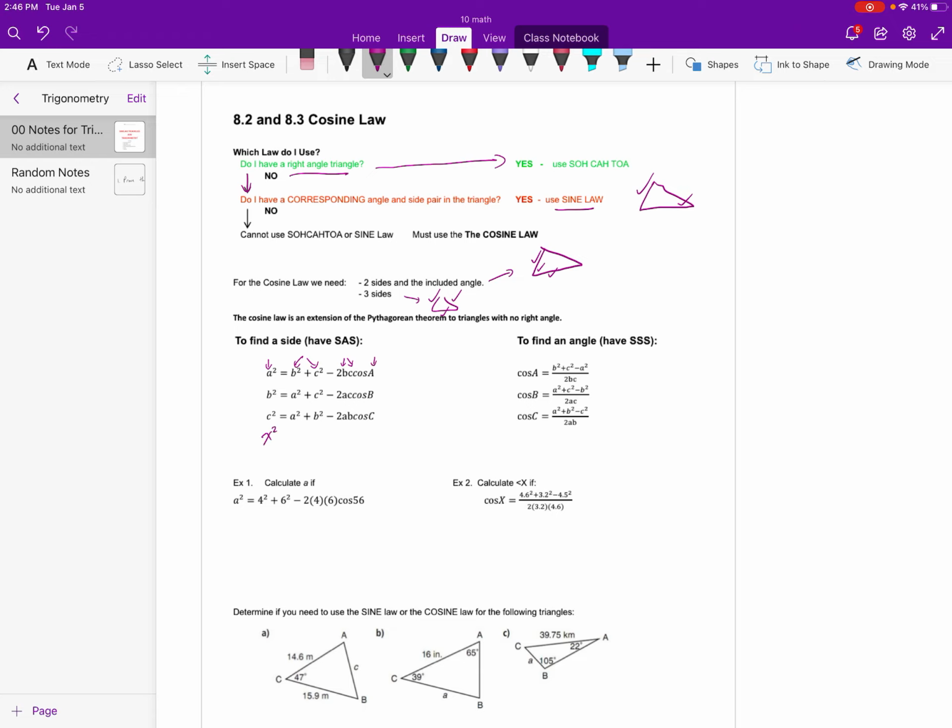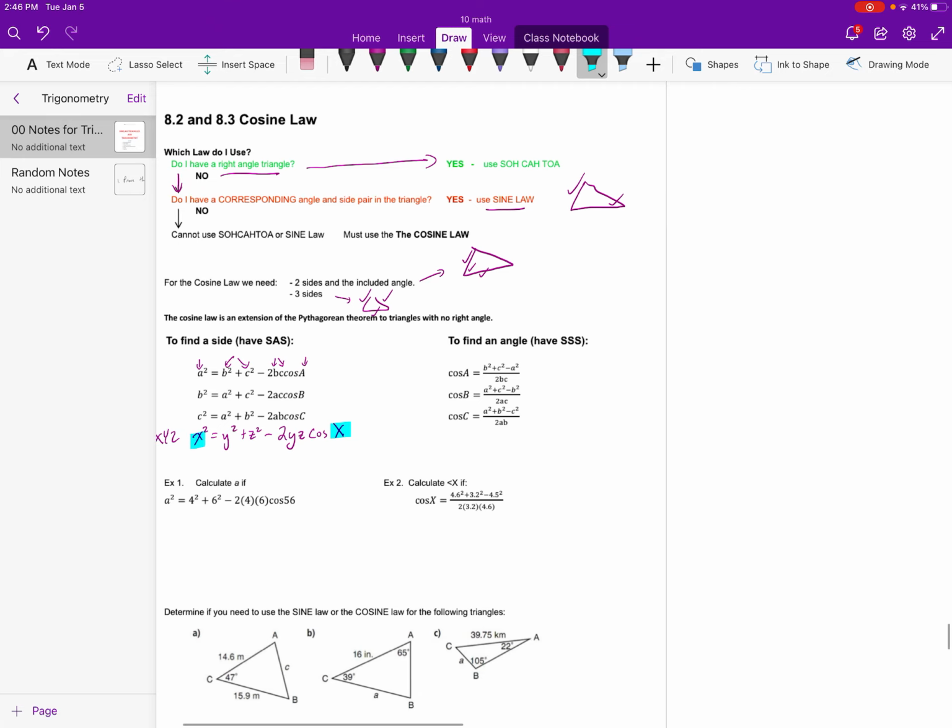So if you had triangle XYZ, and we were solving for X, we would write X squared equals, so in triangle XYZ, we'd be talking about Y squared and Z squared, so the other two sides, minus 2 times YZ, and then we would multiply that by cos of X. Notice that it is the corresponding side and angle here.